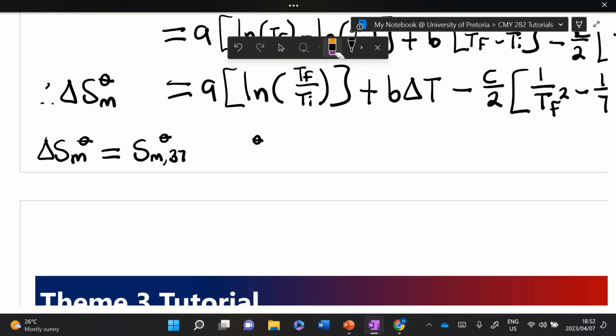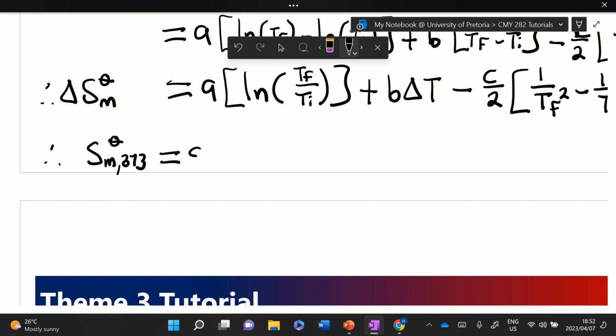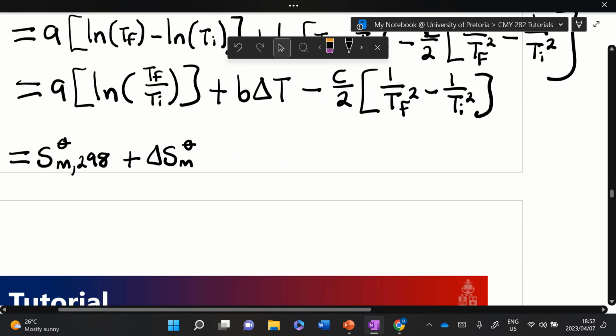So I'm going to rub this out. So therefore, SM373 is equal to SM at 298 plus what we call delta SM, so plus all this stuff that we wrote here.